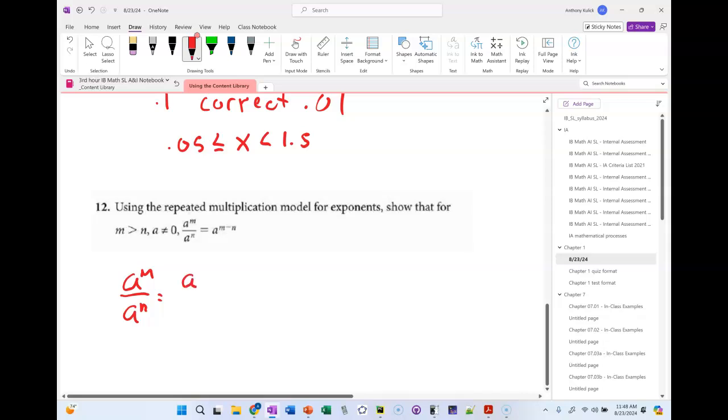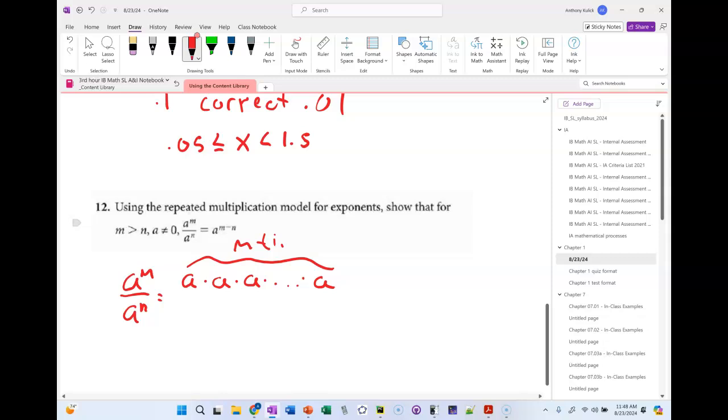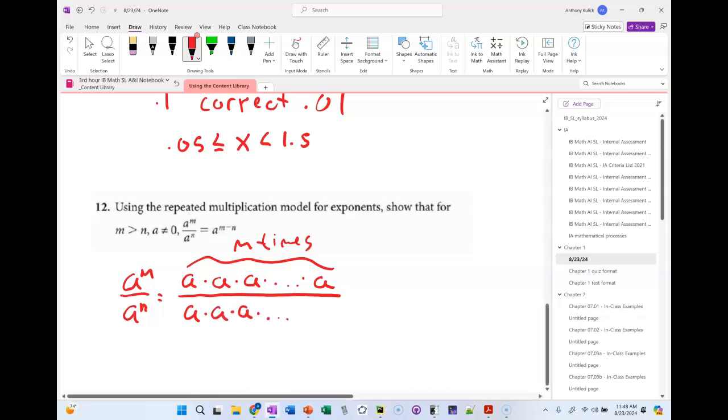So a to the m means we've done a times a times a, times a, m times, right? And a to the n means we did a times a times a, all the way down times a, n times. Okay with that?